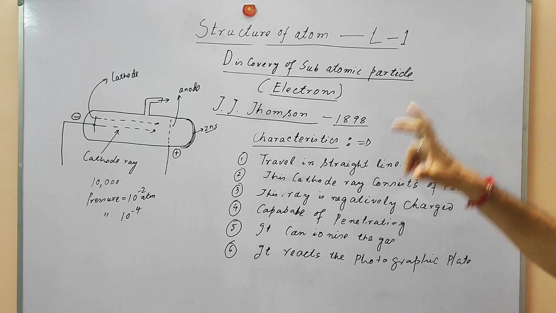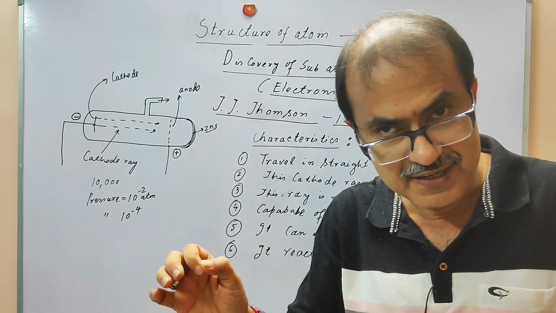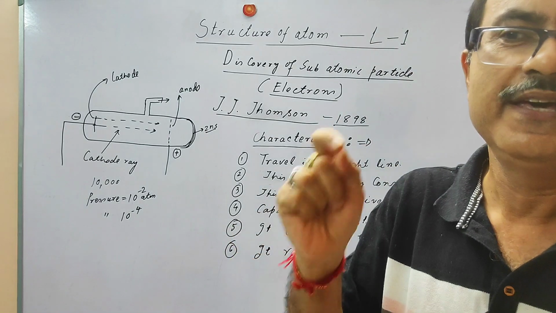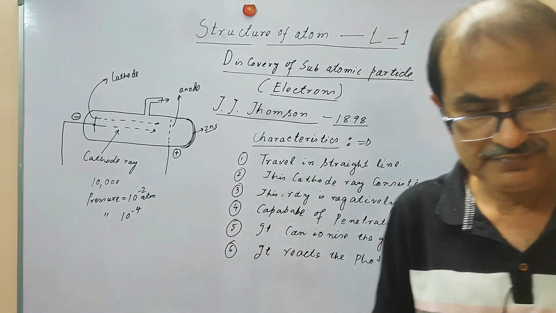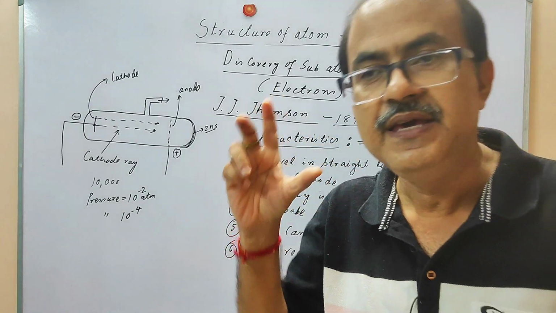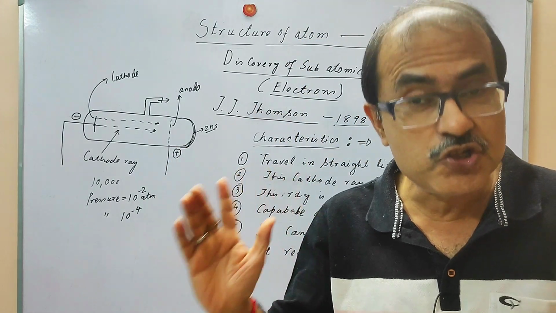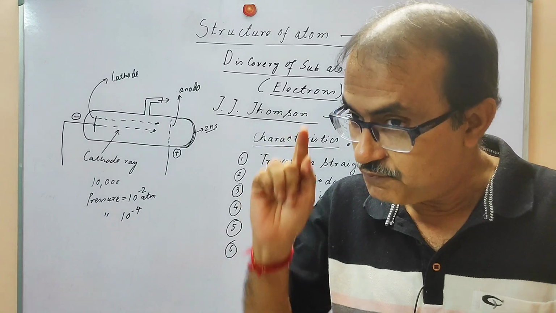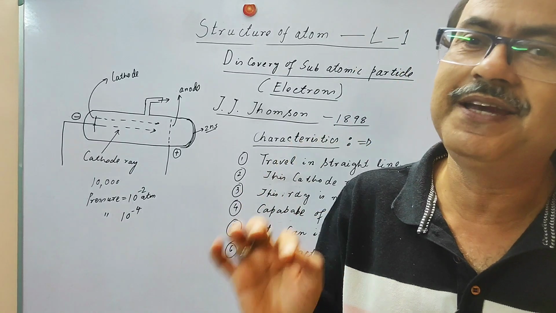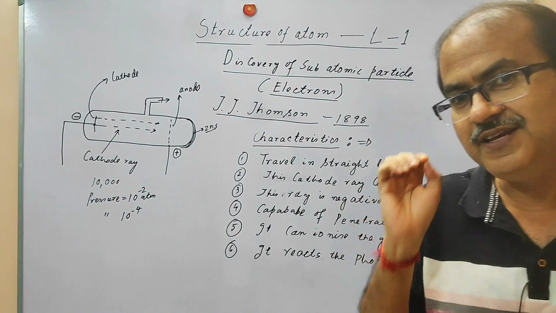So what are its characteristics? It is a particle and it is negatively charged, and this is called the electron. It has been observed that it is independent of the gas in the cathode ray tube. It is independent of the electrode in the cathode ray tube, which means it is a fundamental particle of the atom, the electron.